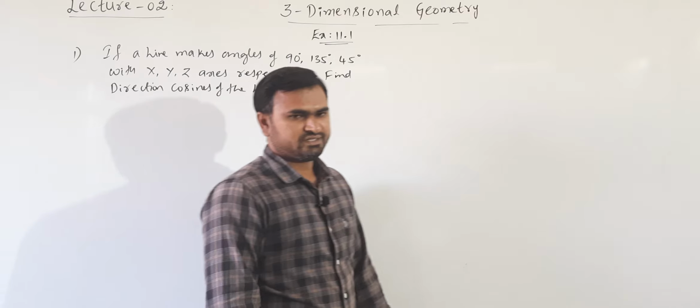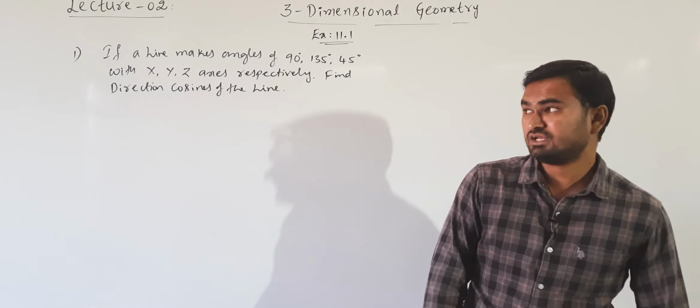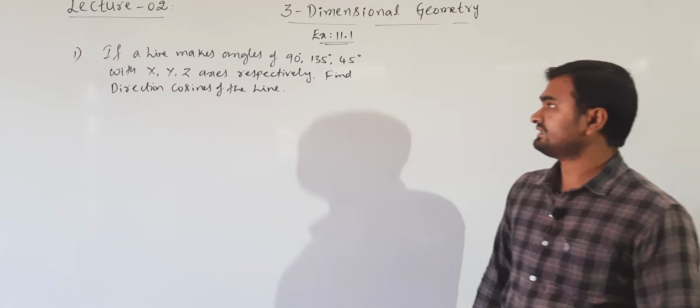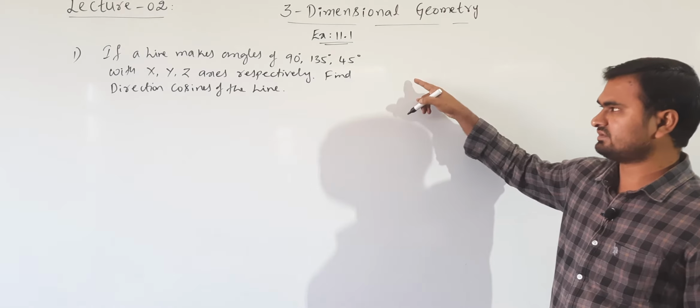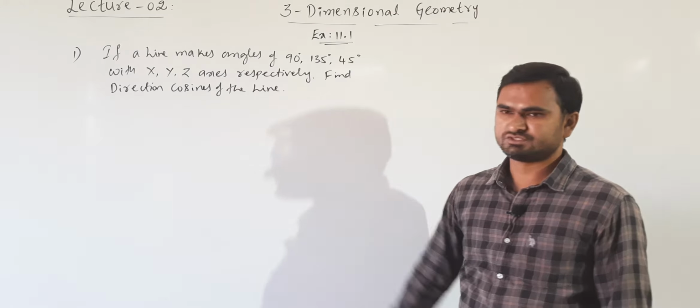So here it is given that a line is making angles of 90 degrees, 135 degrees and 45 degrees with the x axis, y axis and z axis respectively, then find the direction cosines of the line.